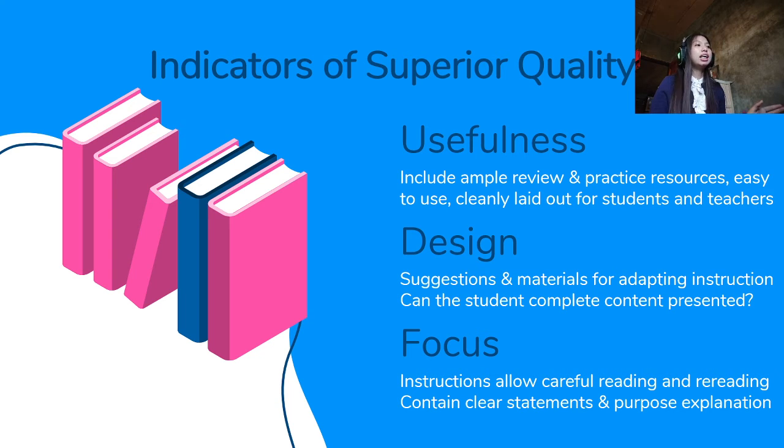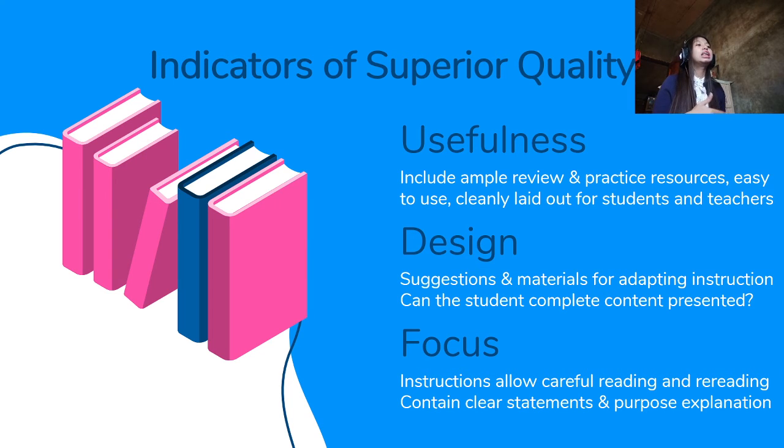How about the design? So when talking about design, the suggestions and materials for adapting instruction. Can the student complete the content presented, or can he or she not? Okay, let's see. And then last is the focus for superior quality. The instructions, let's go back to the directions. It should allow careful reading and rereading.